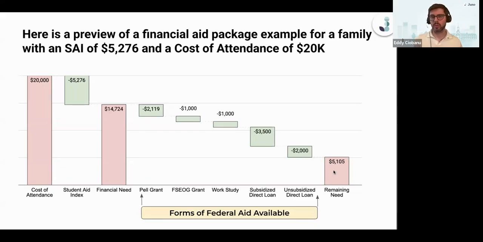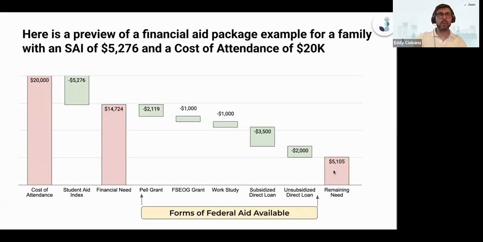Usually on the parent side, it could be a Parent PLUS loan. It could be private loans. As we mentioned, Parent PLUS loans are now getting capped at $20,000. So if this remaining need, the cost of attendance at this school was fairly low at $20,000.